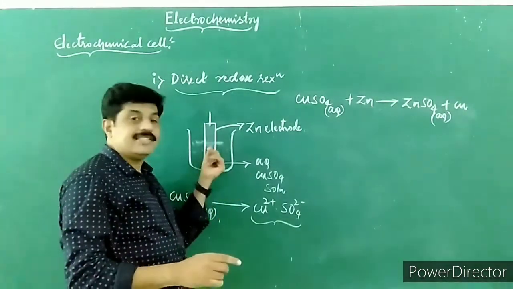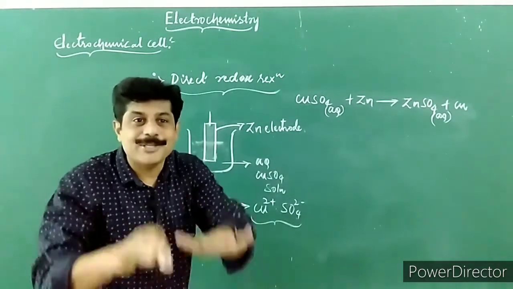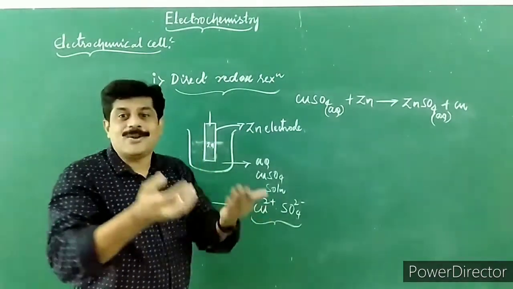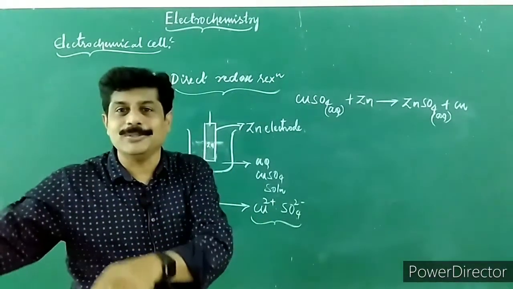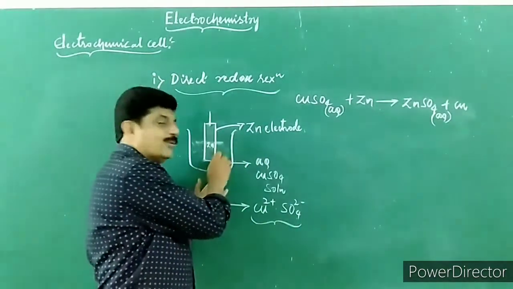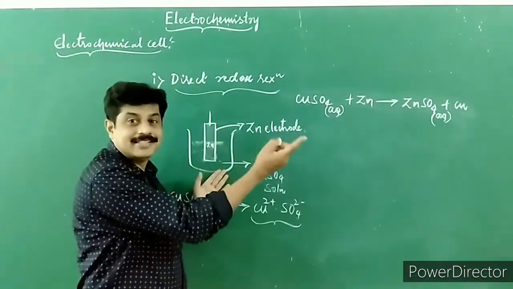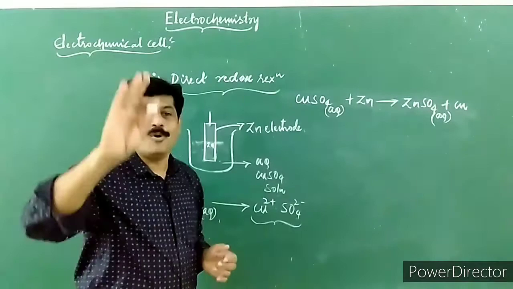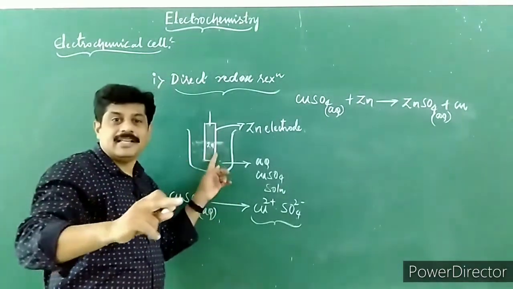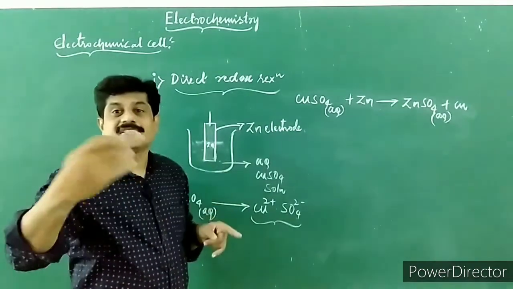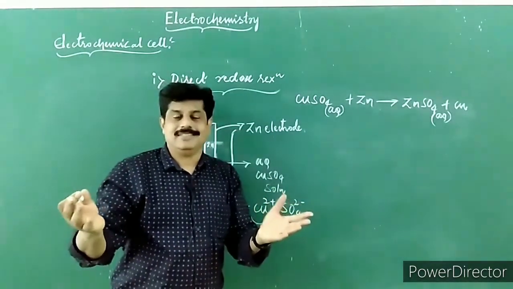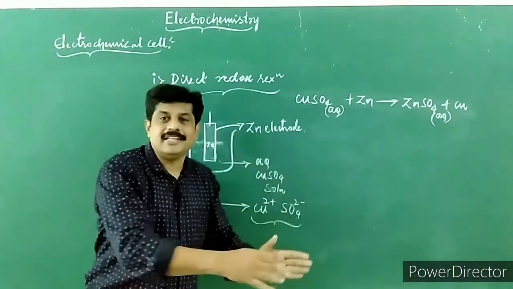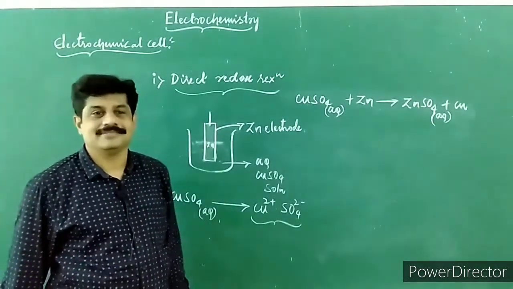Second, the weight of the zinc rod keeps on diminishing because the zinc atoms present on the zinc electrode undergo oxidation and get converted into zinc ions and go into solution, which later combine with SO4 2- ions to form zinc sulfate. The most important thing is that the chemical energy of the redox reaction is now manifested in the form of heat. That is, the chemical energy of the redox reaction is converted into heat energy and gets wasted.